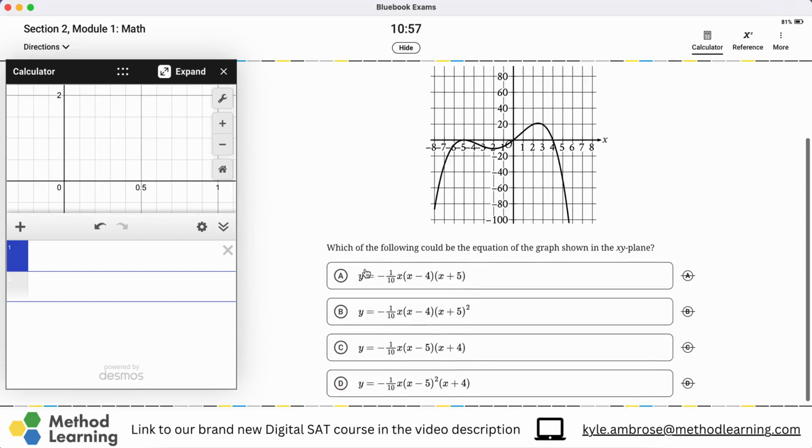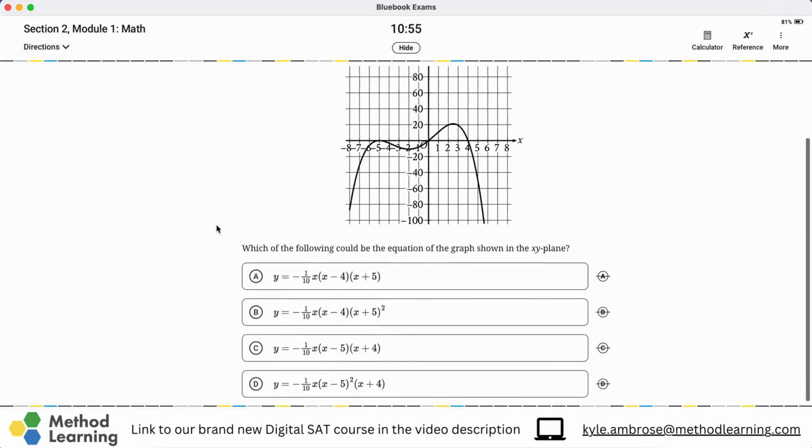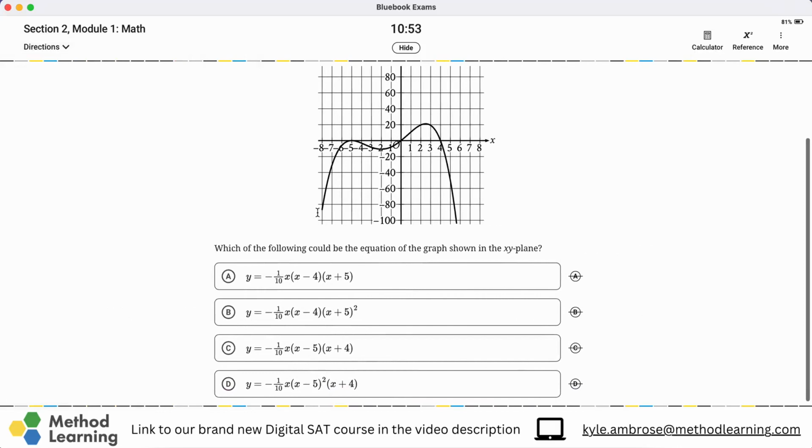This one, which of the following could be the equation of the graph shown? Well, first of all, it's upside down, and so the leading coefficient has to be negative. I also know the end behavior, maybe you've learned this, goes down and it goes down.